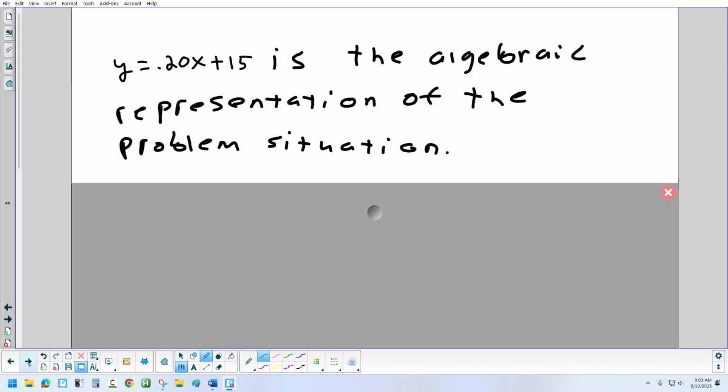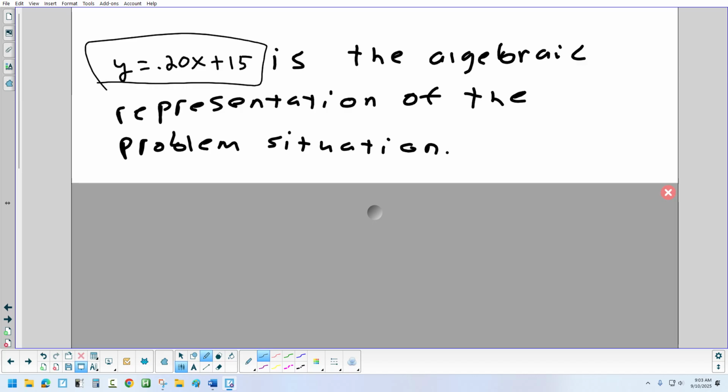All right. So that equation that we came up with, sometimes we call that the algebraic model, or you can also call it the algebraic representation of the problem. So if somebody were to walk in right now and look at the board and see that, they have no idea that that's about renting a car, and you pay 20 cents per mile and $15 up front.